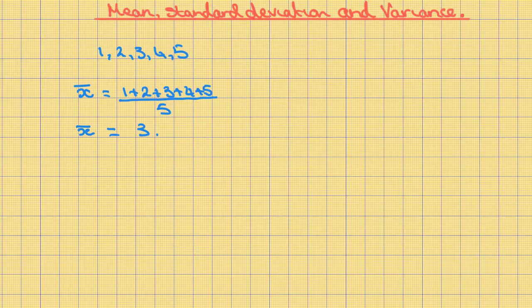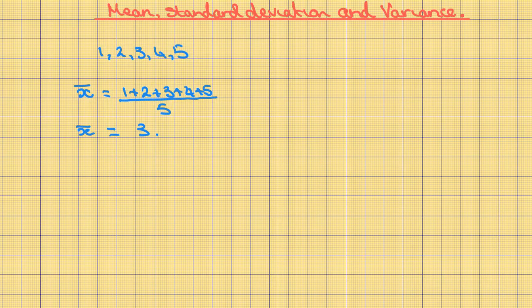We've also got these two relatively new topics, standard deviation and variance. And what the standard deviation and variance is, is a description of how spread out your data is.